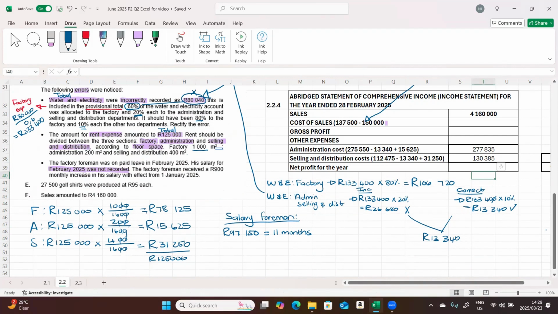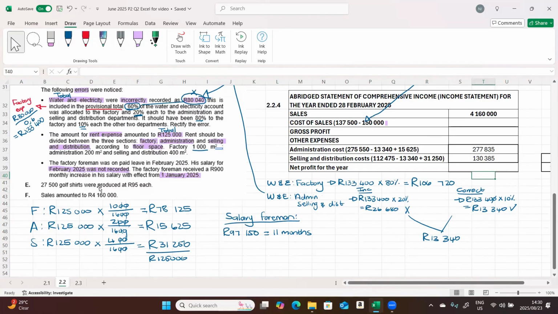This is what we have to understand from what they are telling us. The factory foreman received a 900 Rand monthly increase in his salary with effect from 1 January 2025. So they are trying to make this a bit more difficult by including an increase.